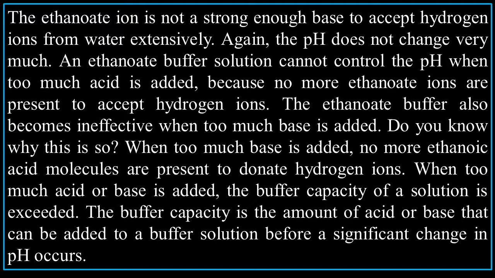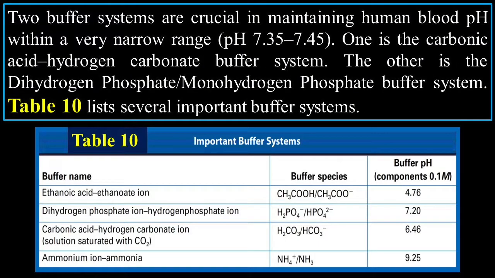When too much acid or base is added, the buffer capacity of a solution is exceeded. The buffer capacity is the amount of acid or base that can be added to a buffer solution before a significant change in pH occurs. 2 buffer systems are crucial in maintaining human blood pH within a very narrow range.